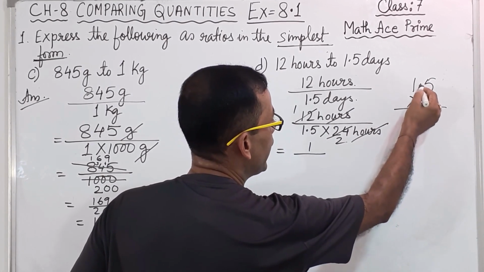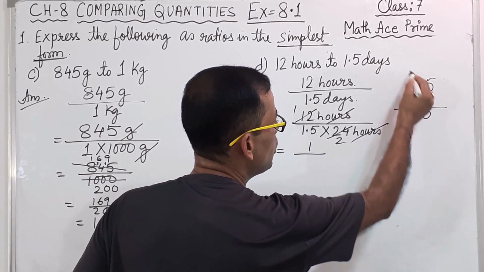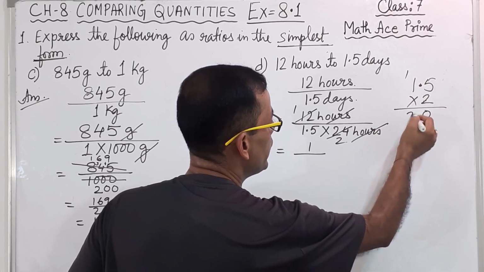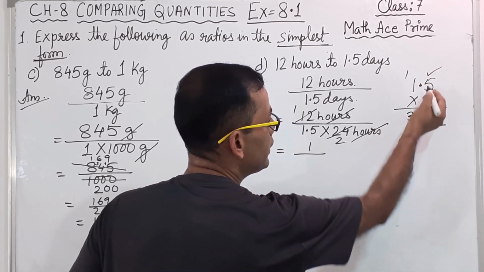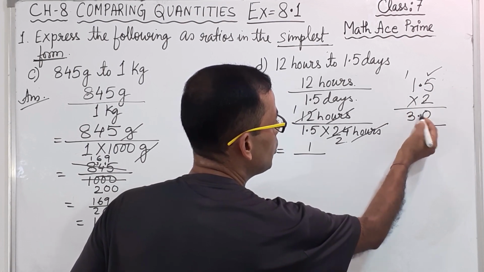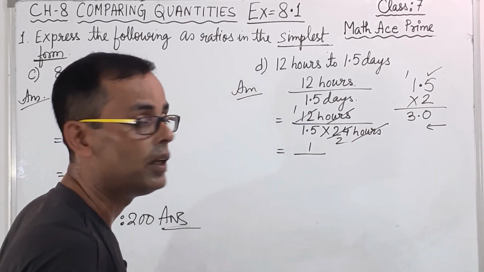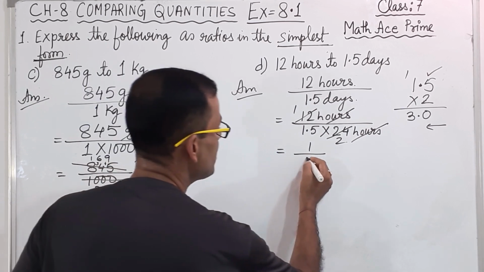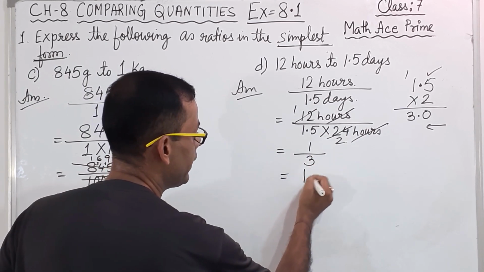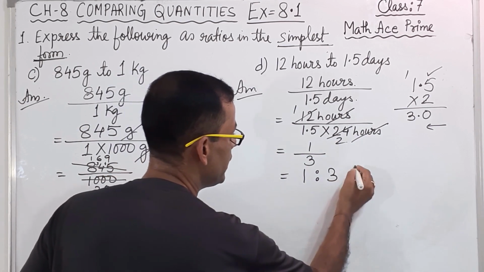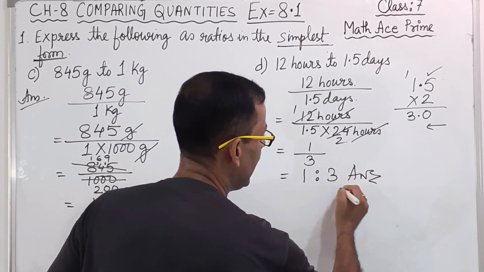If you cannot, you can do it in the rough. 2 5s are 10, 1 carry, 2 ones are 2, 3, and the point will be after, see, 1 digit. So after 1 digit from that side you have to come. So 3.0, that means we can write only 3, and then 1 by 3, what can we write? 1:3, and this is the answer.